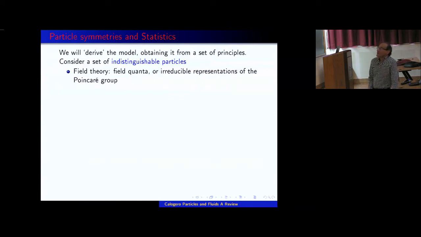So assume that you have a set of indistinguishable particles, and here I would like to stress the distinction between identical and indistinguishable. Particles are identical if they have exactly the same properties, but in principle, if you could take one of those particles, paint it red, and throw it among the remaining particles, you could tell which particle it is.